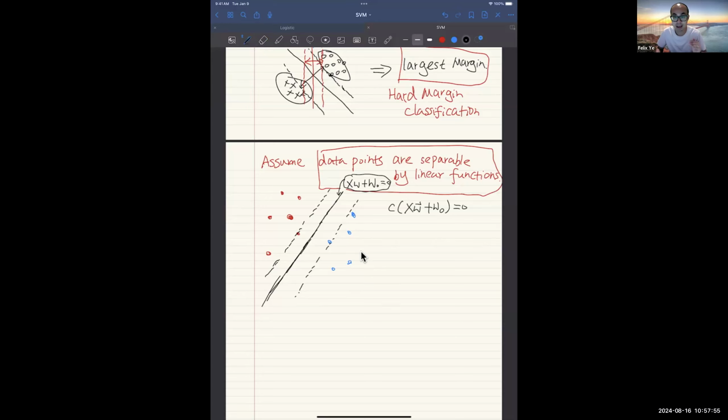It means we have the freedom to choose the norm of W. We can make it larger or make it smaller. And what we can do here is make a unit vector for these hyperplanes.